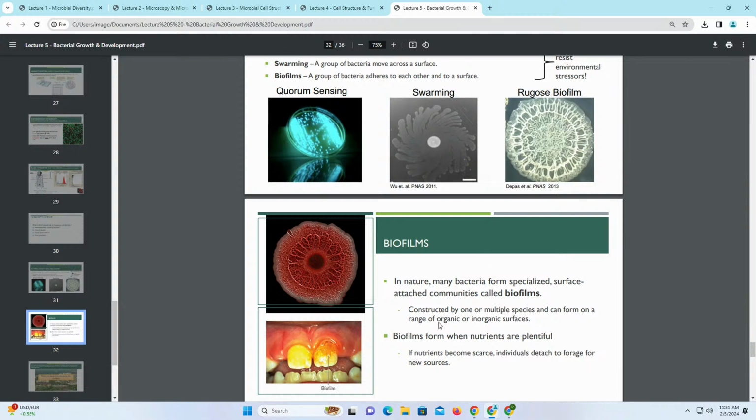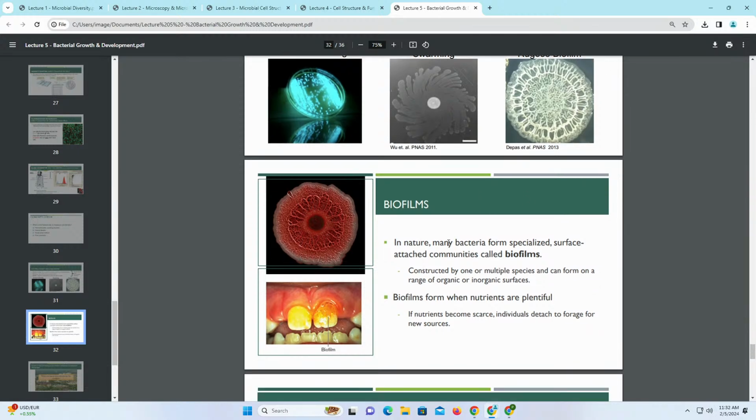This happens in nature, through surface attachments, where they just attach to each other. They can be one single species of bacteria, or multiple. And when there's a lot of nutrients, because they obviously are thriving on it, they're able to get together and form these attachments.